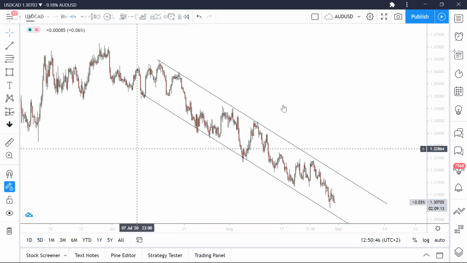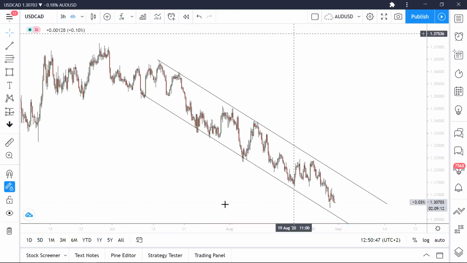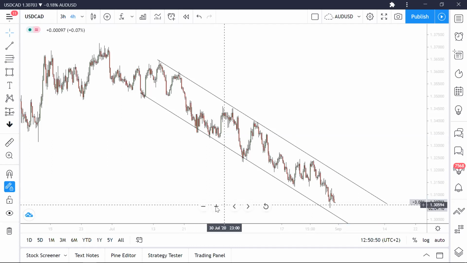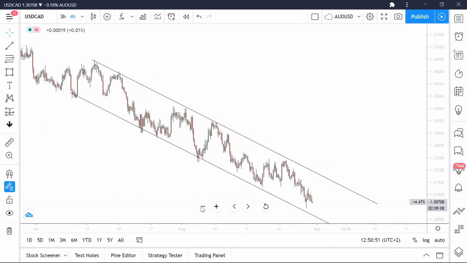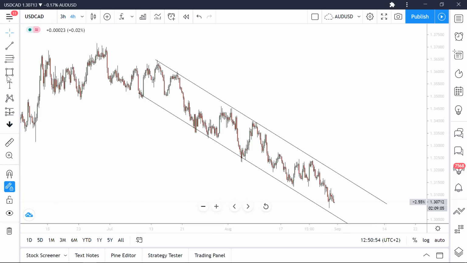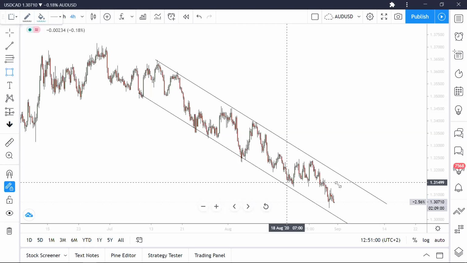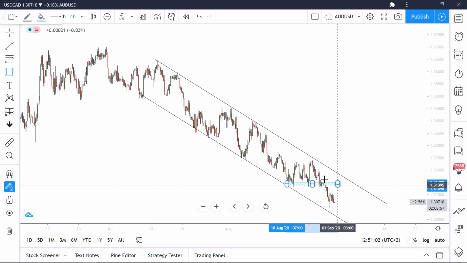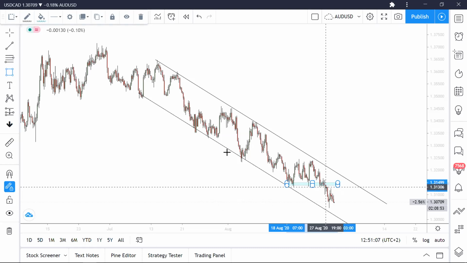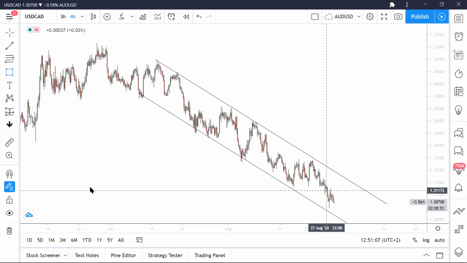Now I won't draw this channel perfectly, but just for you to have an idea as to what I'm looking for here. As you might recall, in the previous week, I was looking for price to bounce off of the support here, but we can see that price actually broke through the support and traded much lower than we had expected.